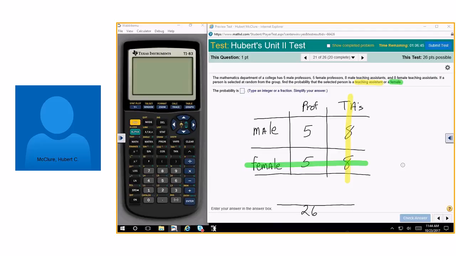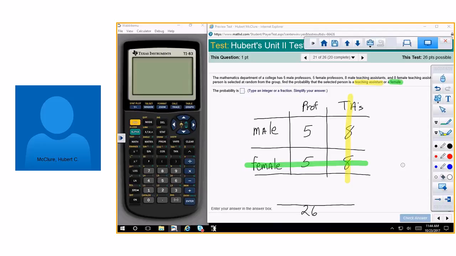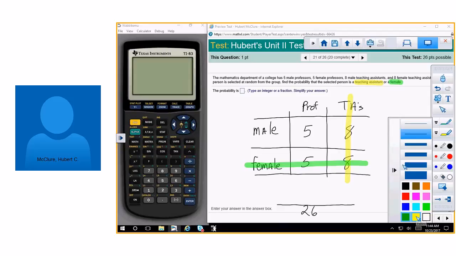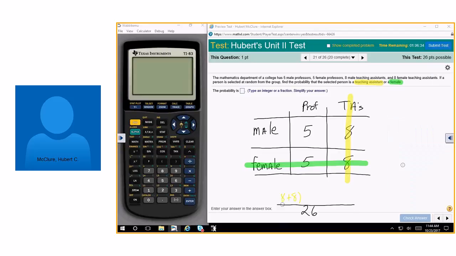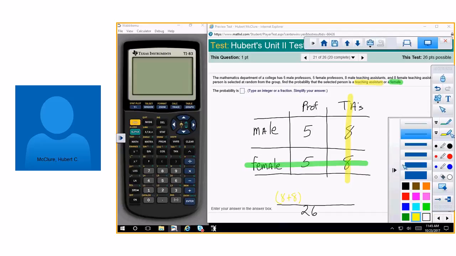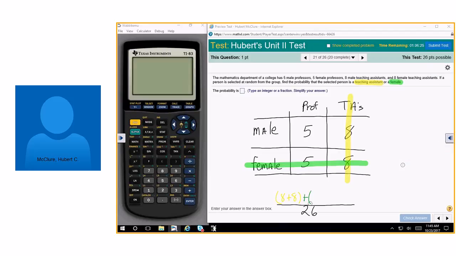So I take my handy yellow pen, and I take 8 plus 8. Take the green pen and add 5 plus 8.